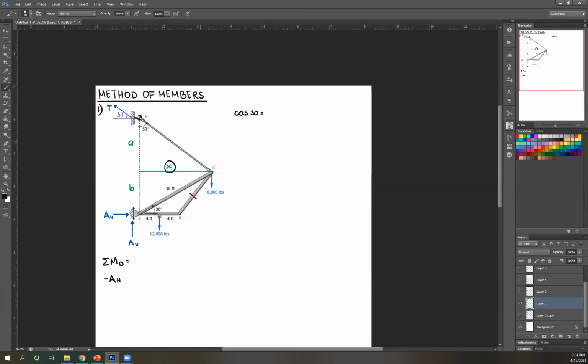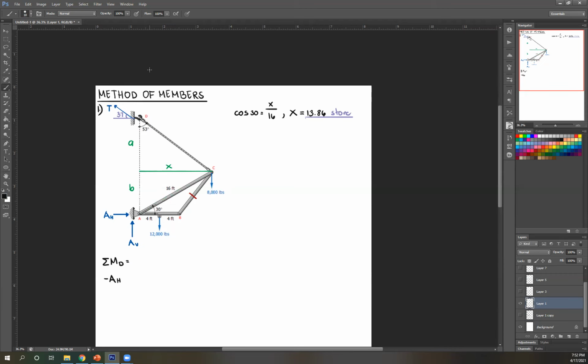Adjacent is this, which is equal to x, and your hypotenuse is 16. Solving for x is just 16 cosine 30, and if you solve for that, you get 13.86. Now, preferably, you're going to store this in your calculator so that your final answers are more accurate. So now I have my x.